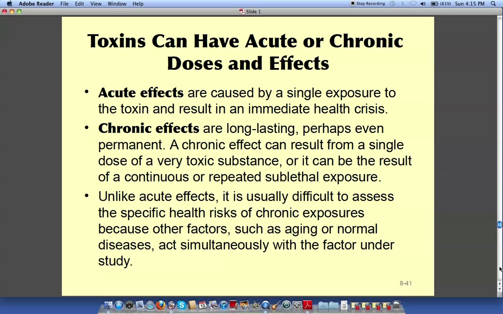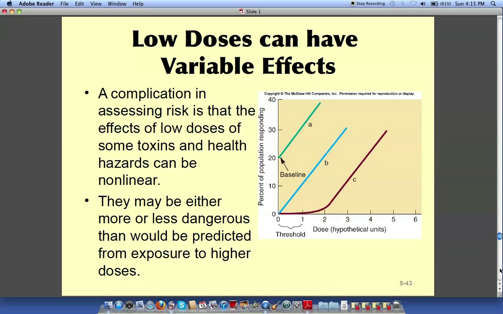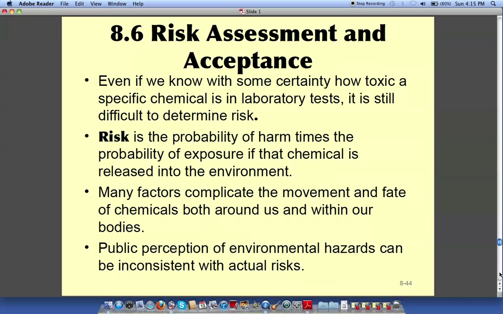So, this continues to talk about toxins and effects of toxins, and sometimes we learn about the toxicity of chemicals long after they are put out into the environment.